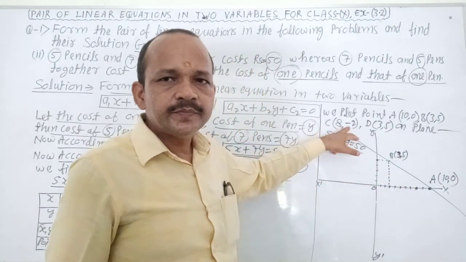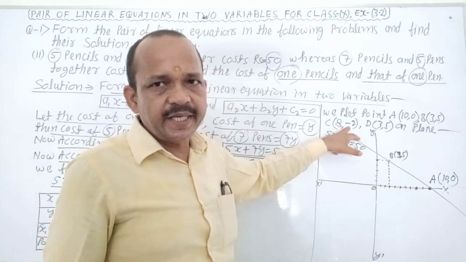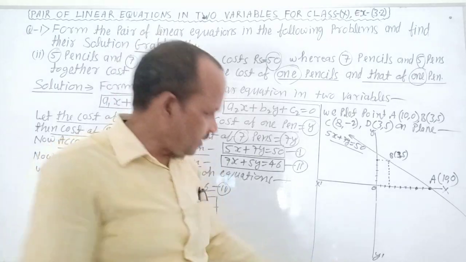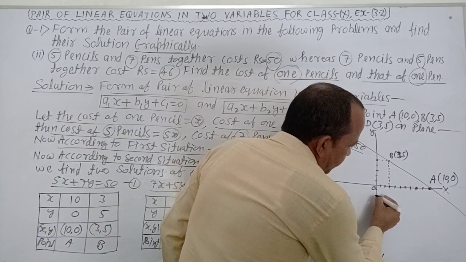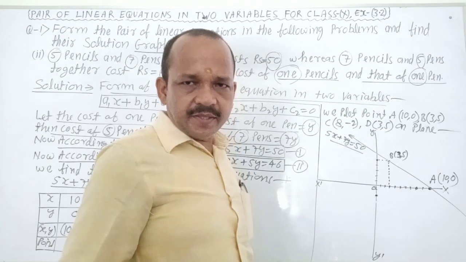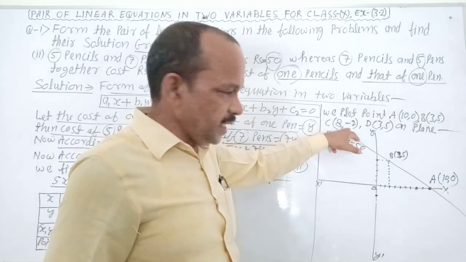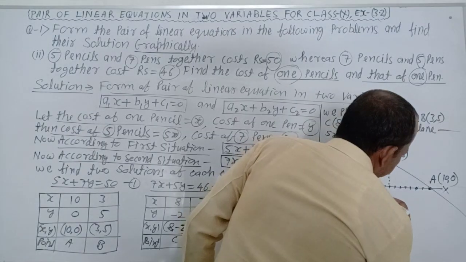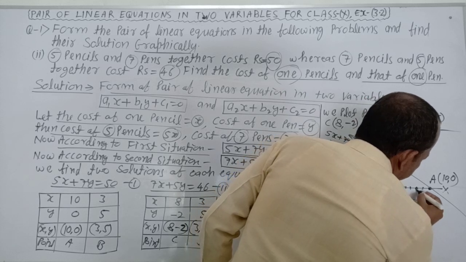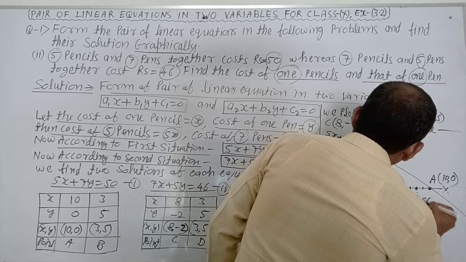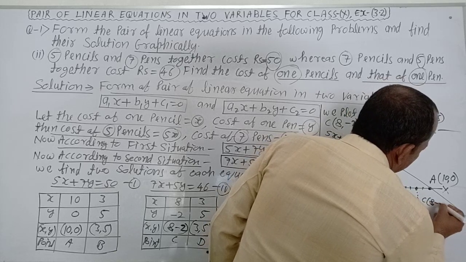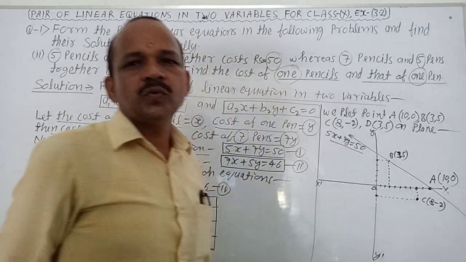Minus 2 on the y-axis in the negative direction. Here 1, 2. Here minus 2. It means your point C is here. It is point C, coordinate 8 and minus 2.